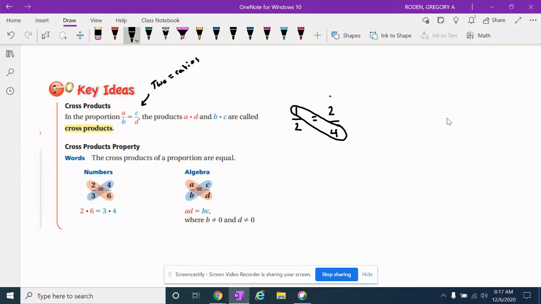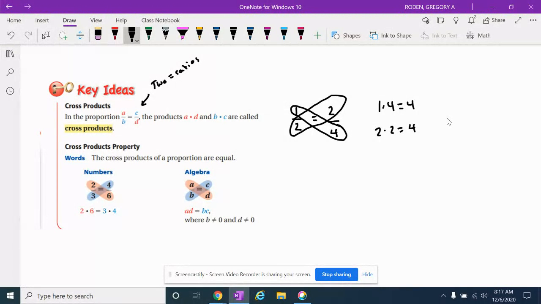If I cross multiply 1 and 4 and I cross multiply 2 and 2, 1 times 4 is 4 and 2 times 2 equals 4. That is always the case. Whenever you have 2 equal fractions or 2 equal ratios in a proportion, their cross products are always equal.